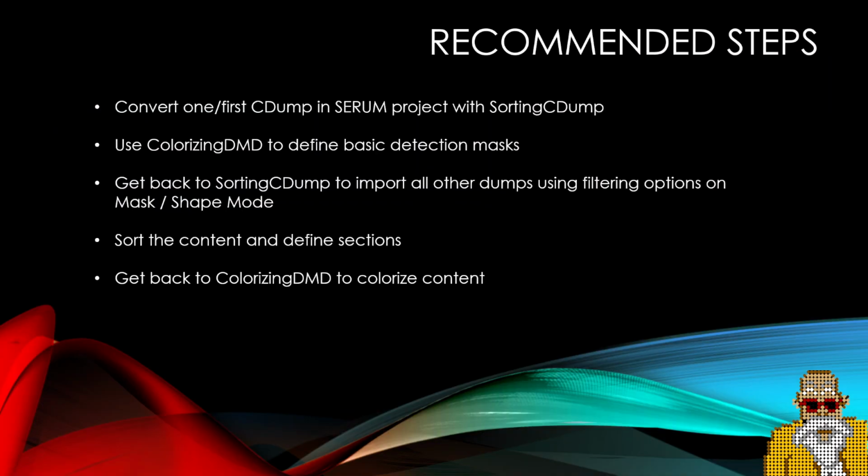What I would recommend is that first you convert one CDump file. I usually have a lot of dumps in my projects because I try to have as many frames as possible. So I recommend that you do only one file at the beginning with Sorting CDump.